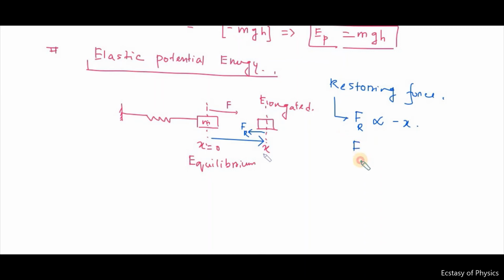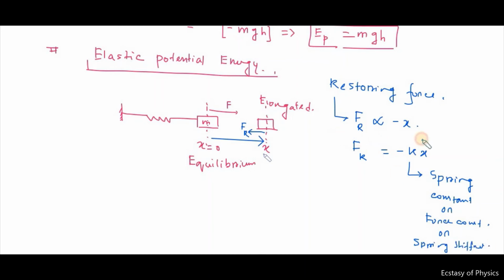So the restoring force is equal to negative of k into x, where k represents the spring constant. The spring constant is also called the force constant, or in different books it could be called spring stiffness.